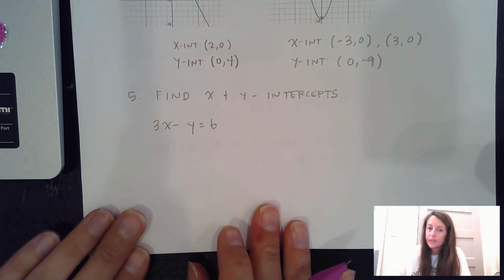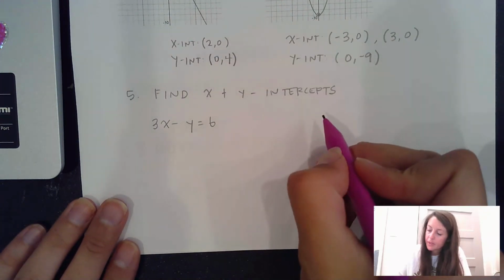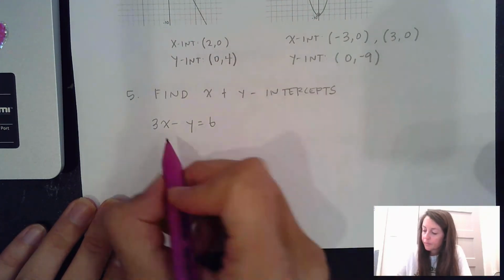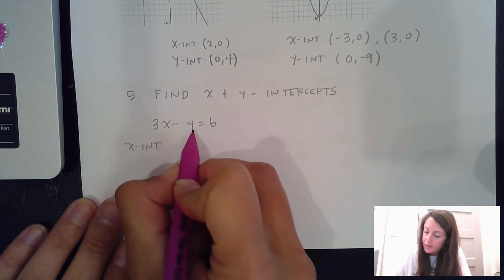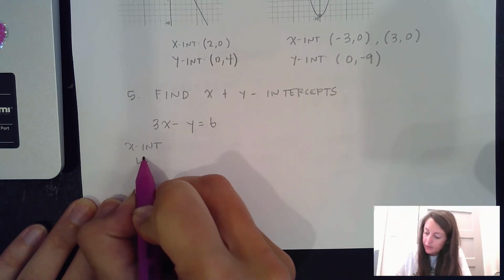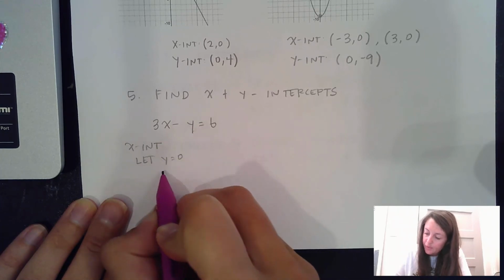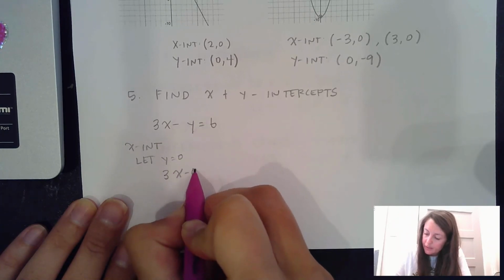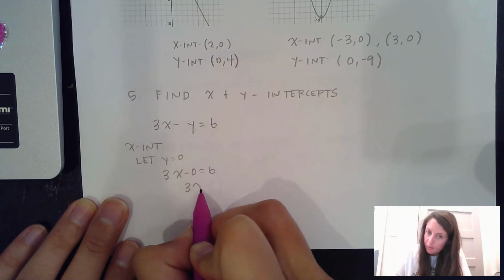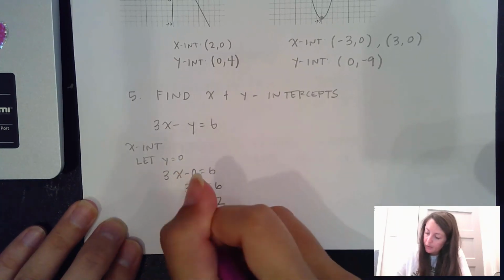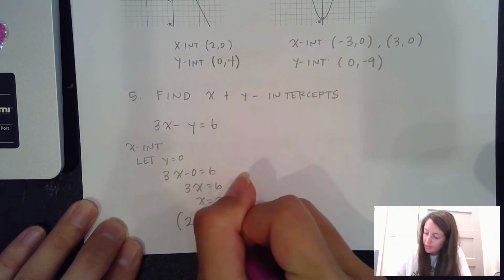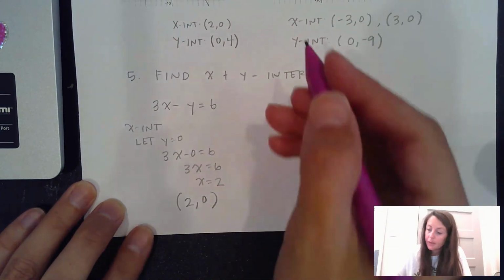The x-intercept here is when you let y equal 0. So we're going to let y equal 0. So it's going to end up being 3x minus 0 equals 6. So we'll have 3x equals 6. So x is going to be equal to 2. So the x-intercept there is going to be 2, 0.